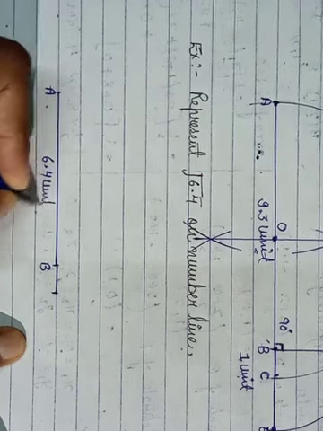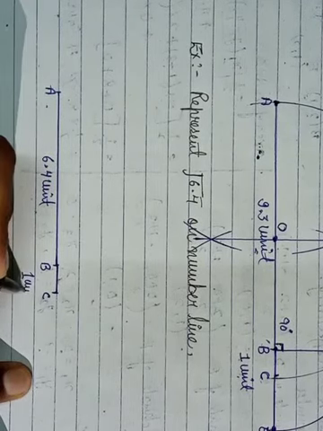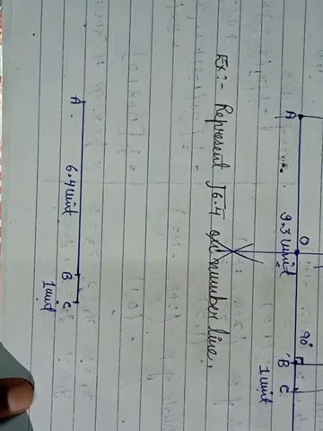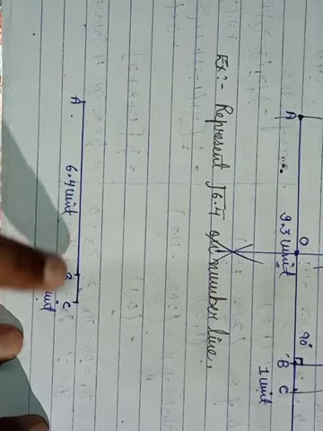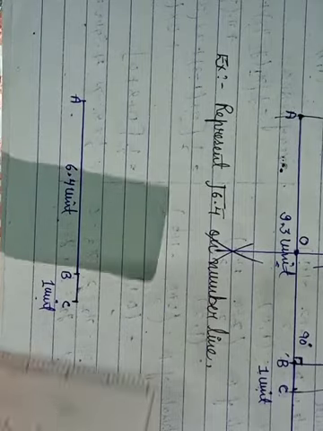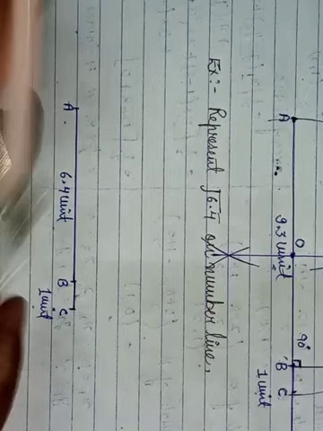and BC 1 unit. Now after that, according to the condition, we will find out the midpoint of AC. We will draw the bisector.